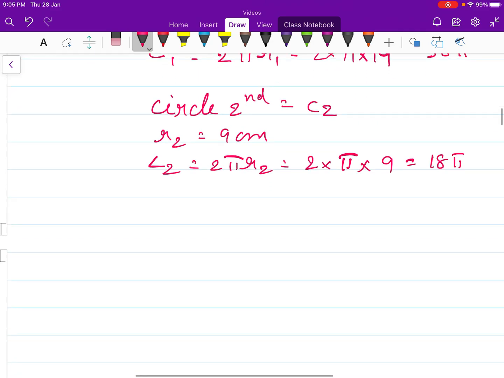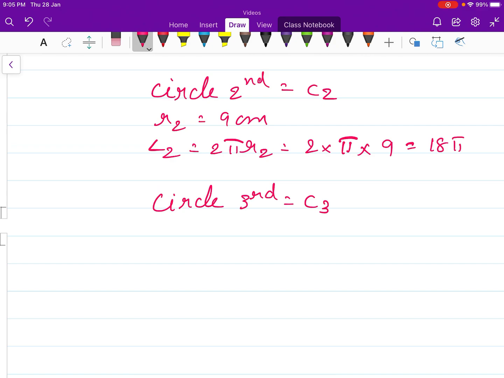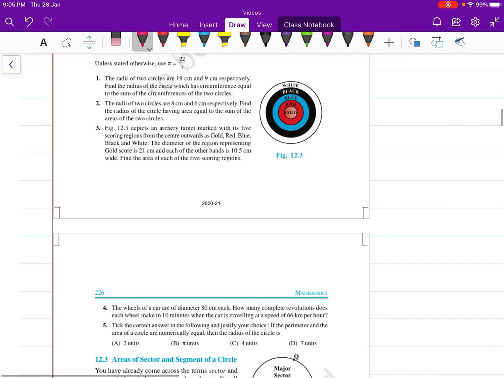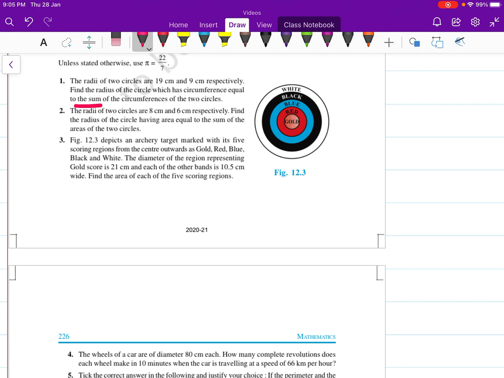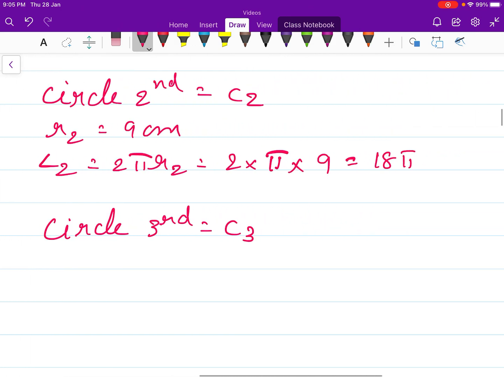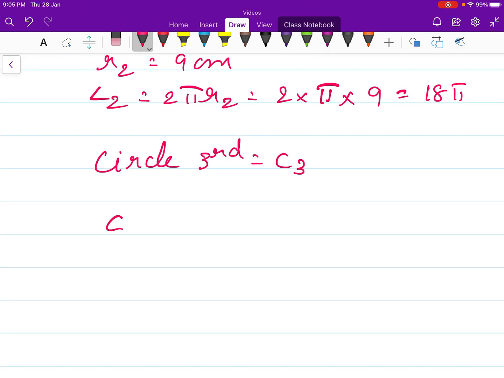Now we have to find the circumference of the third circle. Circle 3 is represented by C3. They have said to find the radius of the circle which has a circumference equal to the sum of the circumferences of the two circles. So now C3 is equal to C1 plus C2.